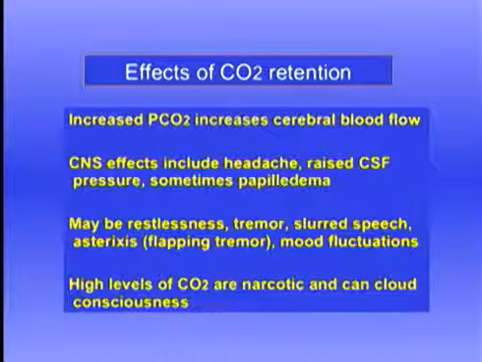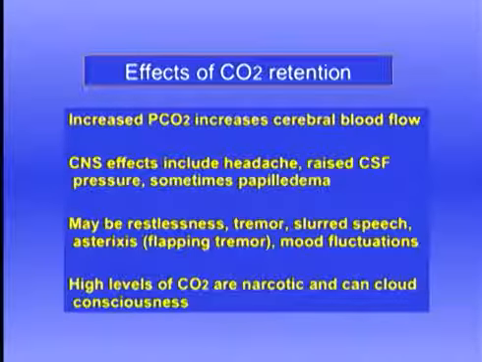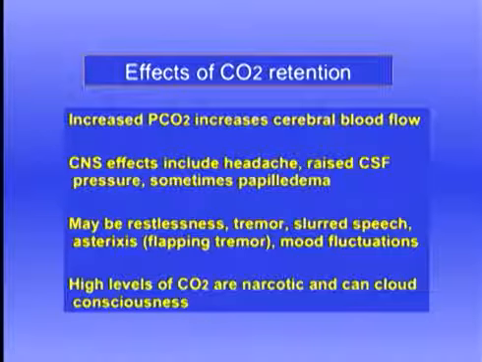In those days, they would be given high concentrations of oxygen. As we'll see in a moment, that causes a reduction in ventilation. PCO2 rises, and those patients sometimes showed this sign of asterixis. There are also mood fluctuations that can occur. Some patients, for example, become very aggressive under these conditions. Very high concentrations of CO2 are narcotic and can definitely cloud consciousness.